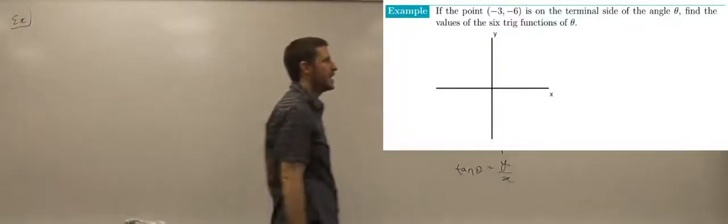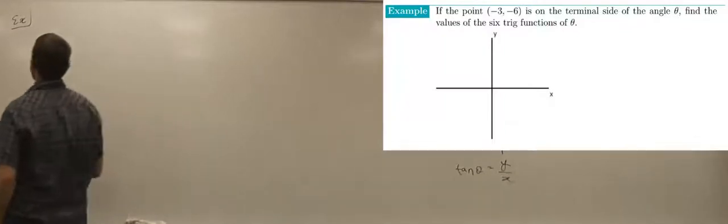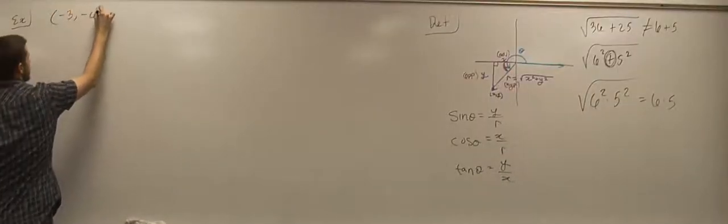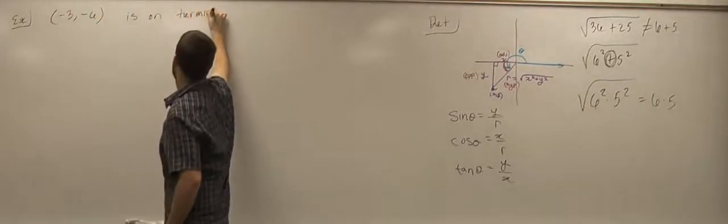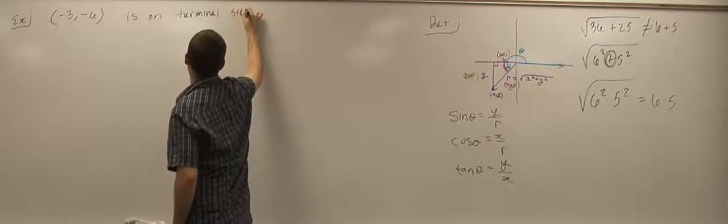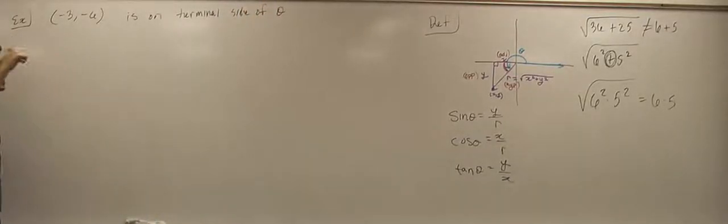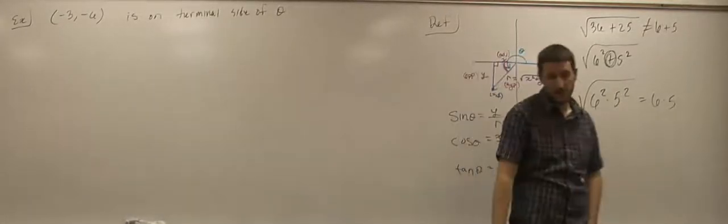Example. If the point (-3, -6) is on the terminal side of the angle theta, find the values of the 6 trig functions of theta. So we know (-3, -6) is on the terminal side of theta. I want to find sine theta, cos theta, tan theta, cosecant theta, secant theta, cotangent theta.